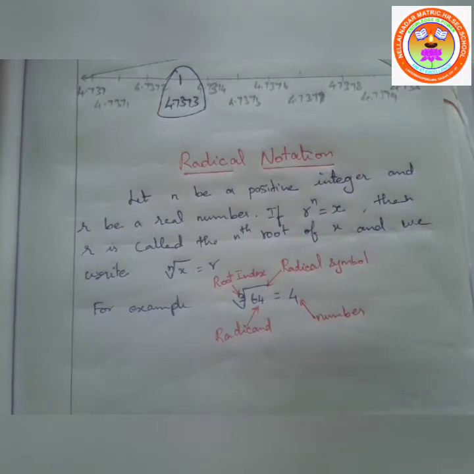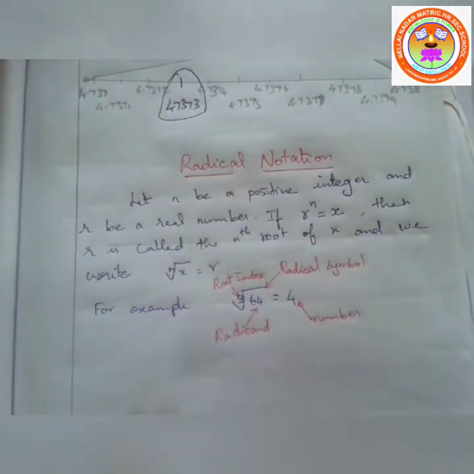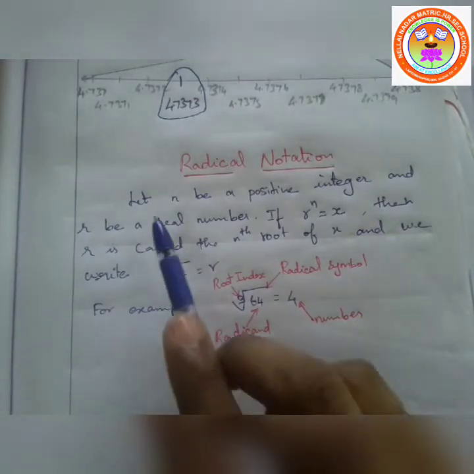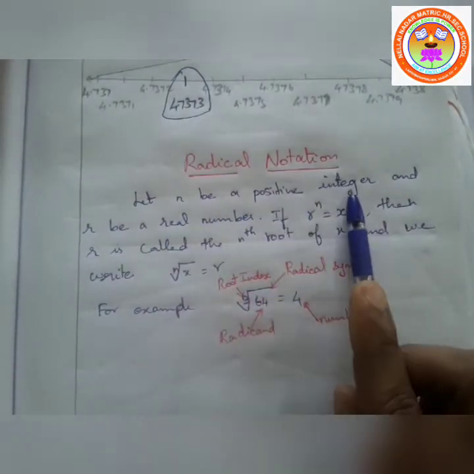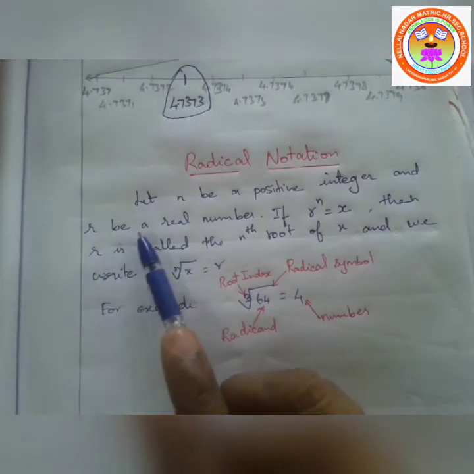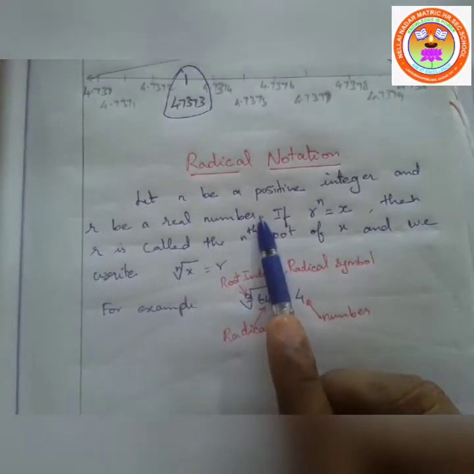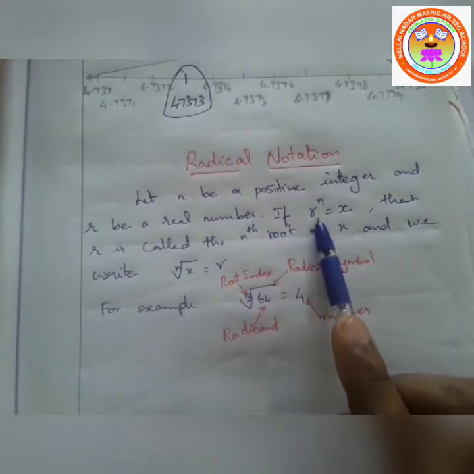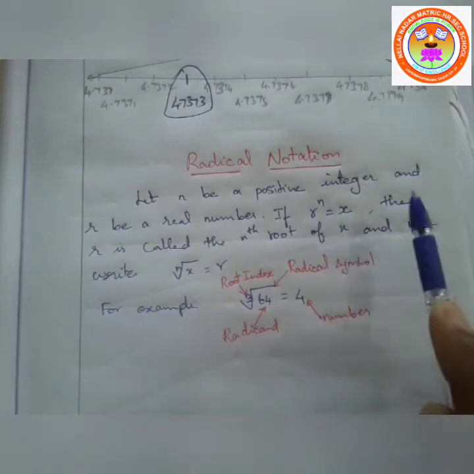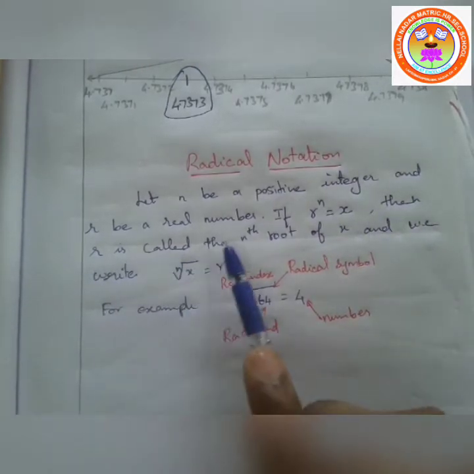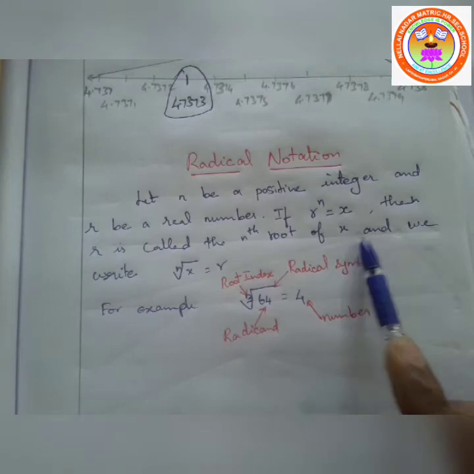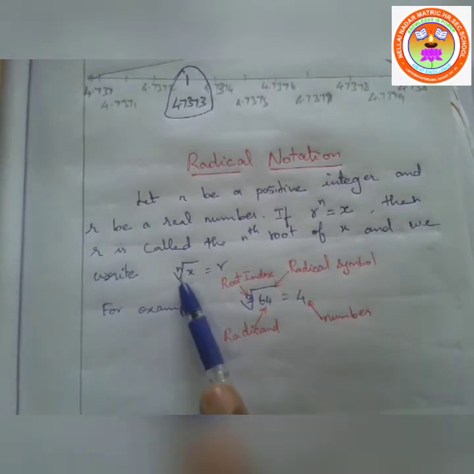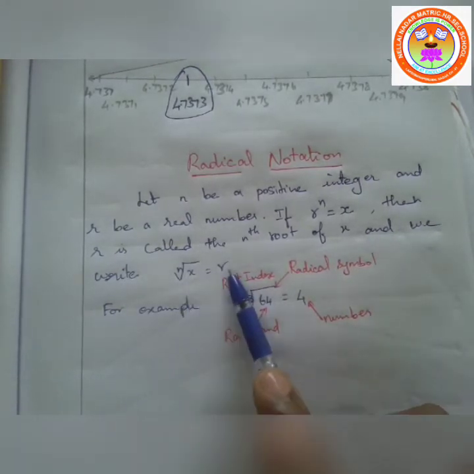Before going into the exercise, we want to know some definitions for this exercise. Radical notation. Let n be a positive integer and r be a real number. Now you know what is meant by real number. If r power n is equal to x, then r is called the nth root of x, and we write nth root of x equal to r.